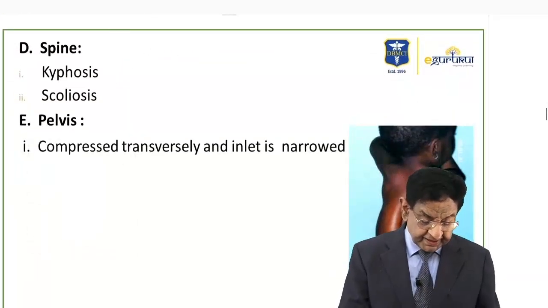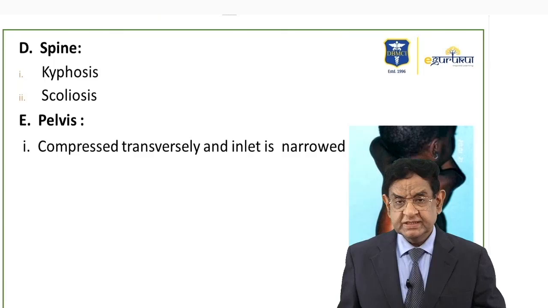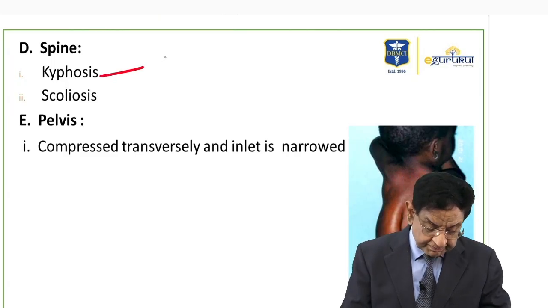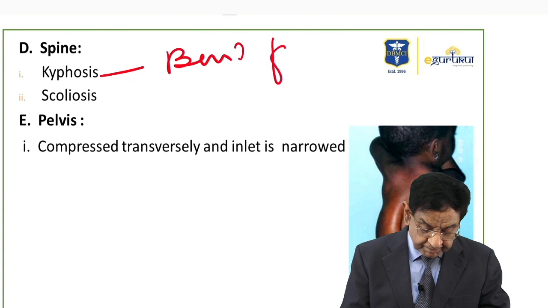Spine: there can be kyphosis and scoliosis. There are so many deformities that we saw in the thorax, but in the spine there can be kyphosis and scoliosis. Kyphosis is bending forward. Scoliosis is bending sideways.